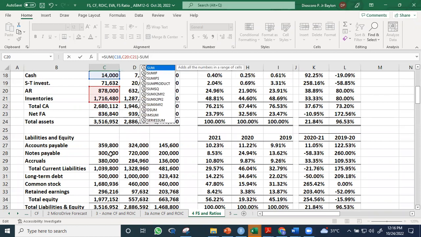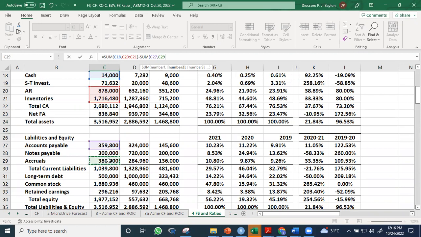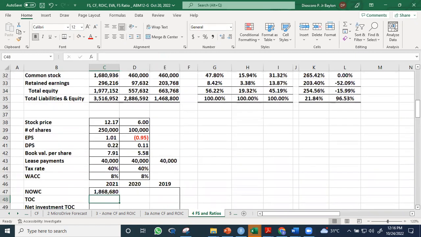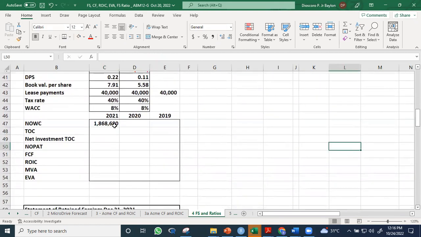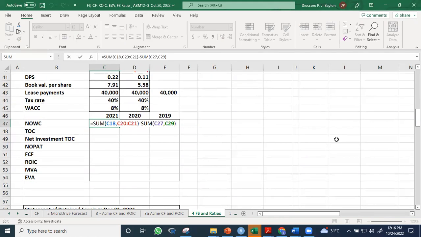Sum ng accounts payable and accruals. Hindi kasama si notes payable. Enter. All right, so let me show the formula. So that's our net operating working capital.